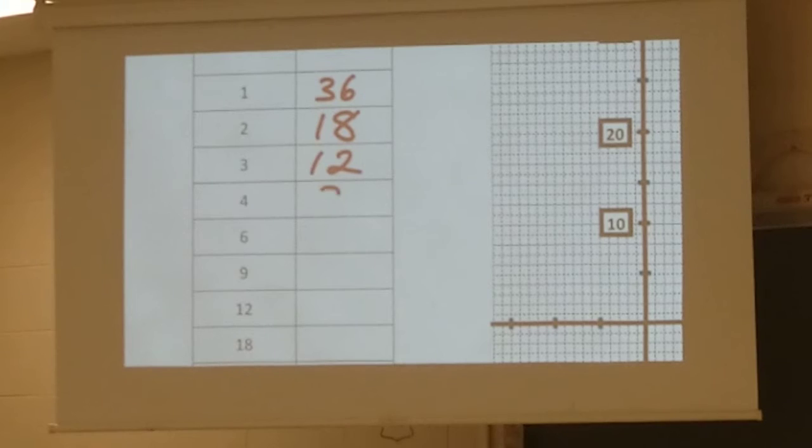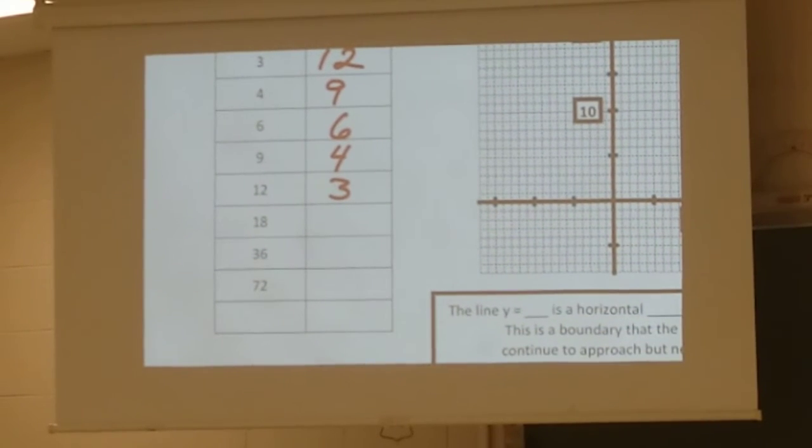It should be pretty clear to you that as more and more people get the candy, they receive less and less pieces of candy. And we'll talk about that basic idea in just a moment.